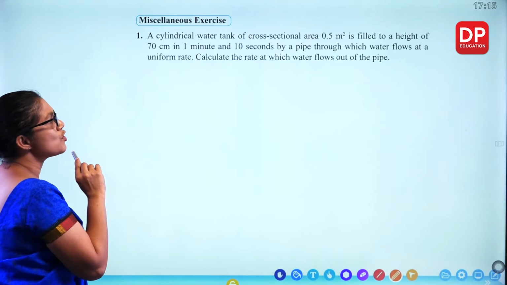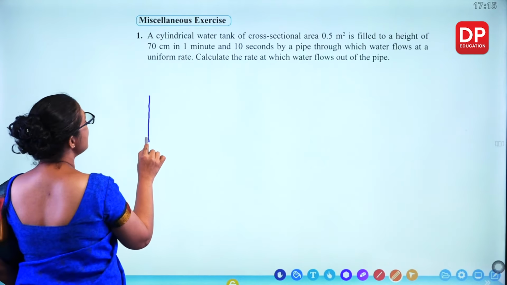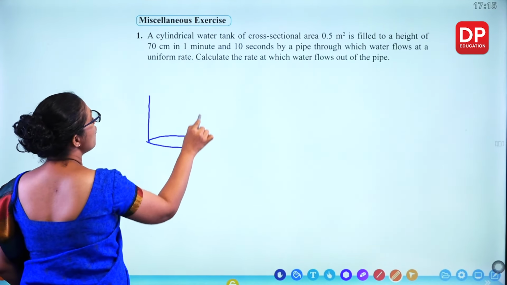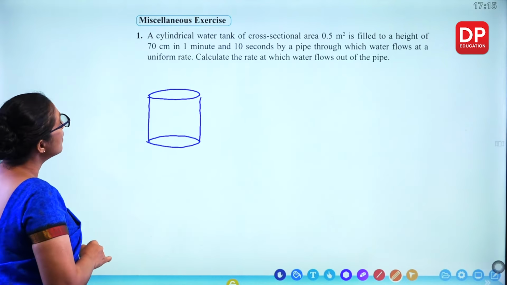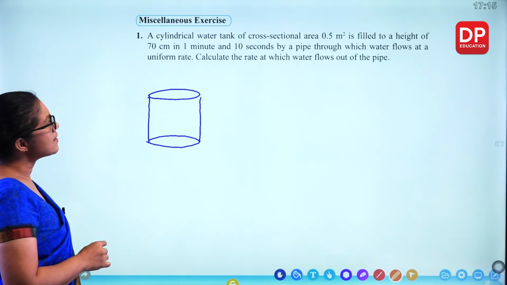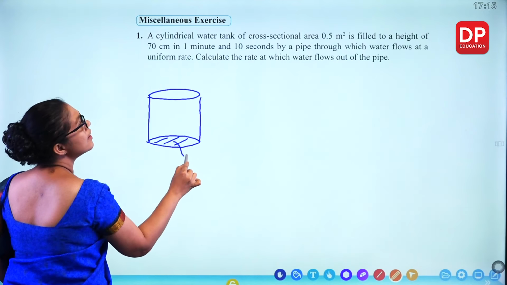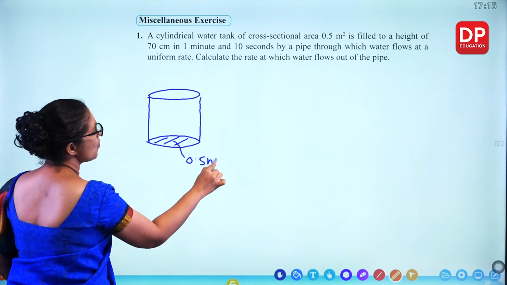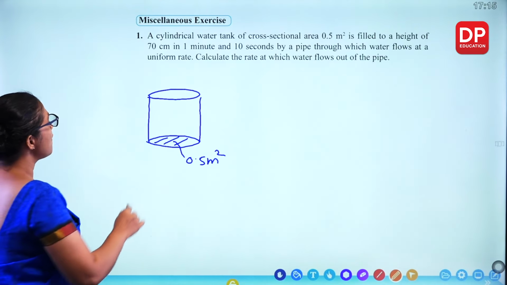Calculate the rate at which water flows out of the pipe. So this is a cylindrical shaped water tank. And it's given the cross-sectional area. So cross-sectional area is 0.5 square meters.